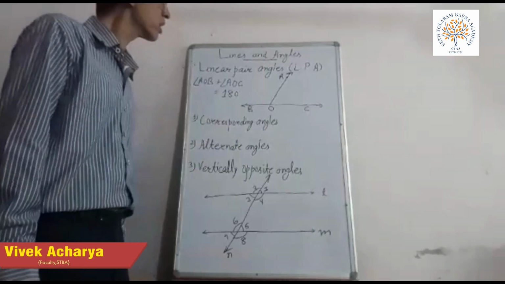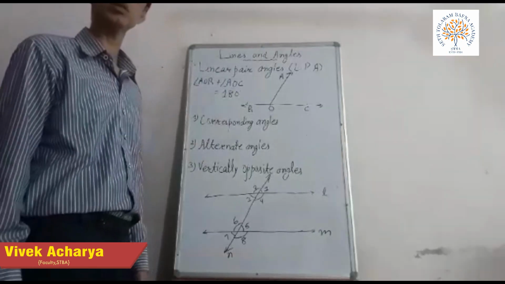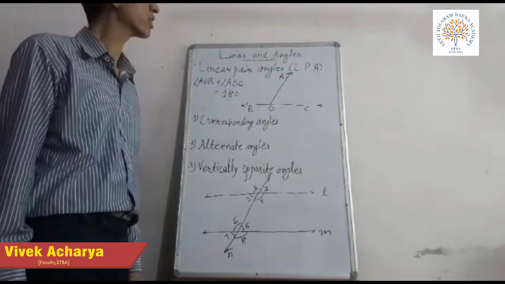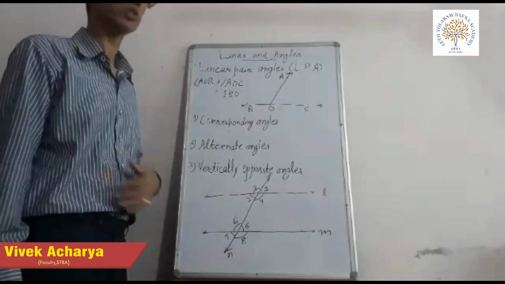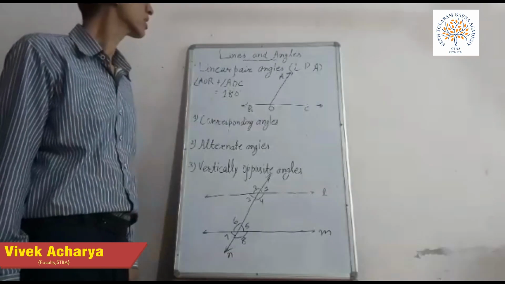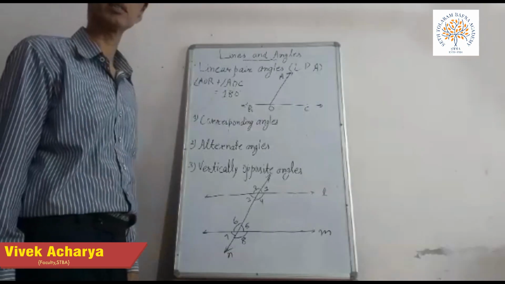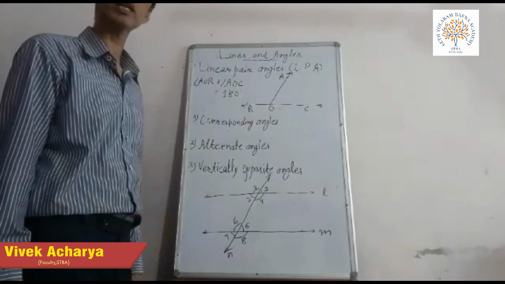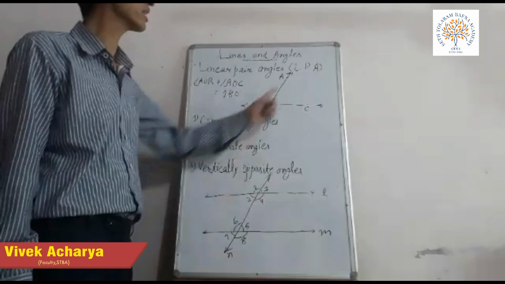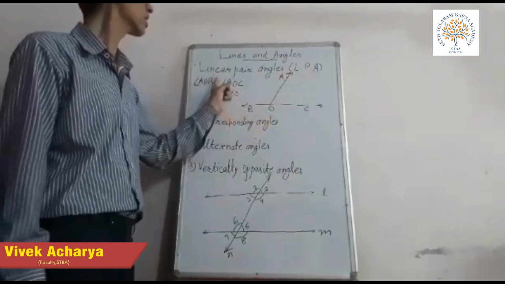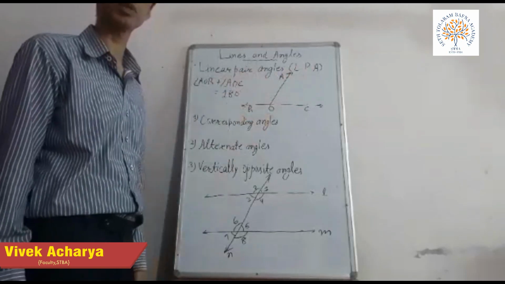Now in continuation of that, children, the next angle which we are going to discuss is linear pair angles. It is also a very important angle for students. Shortly we will say it is LPA, linear pair angles or axioms.